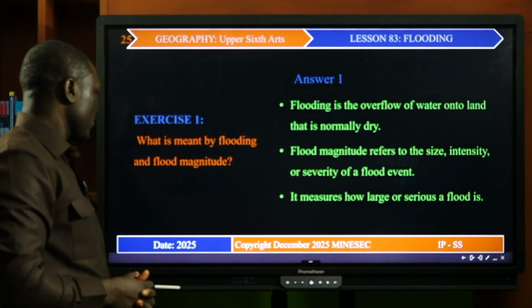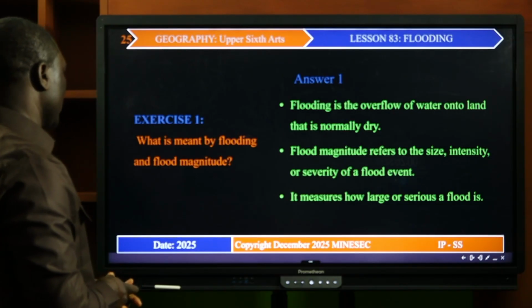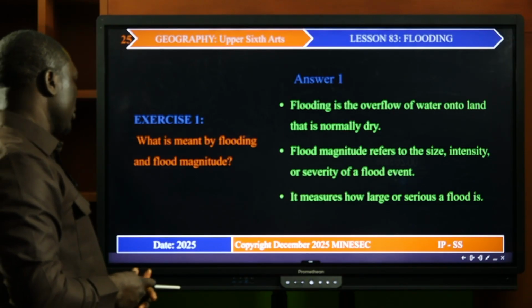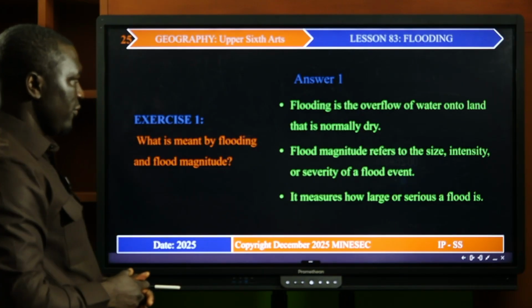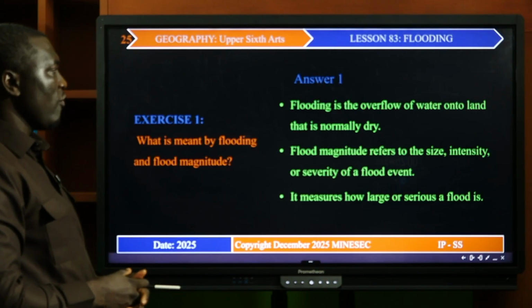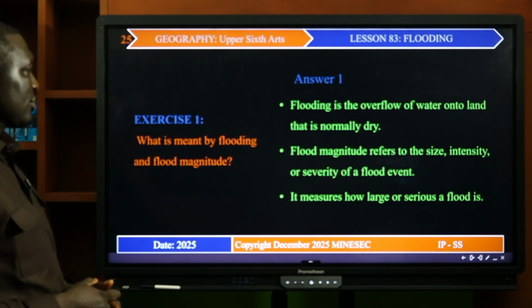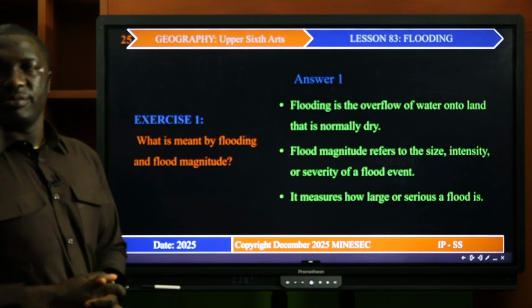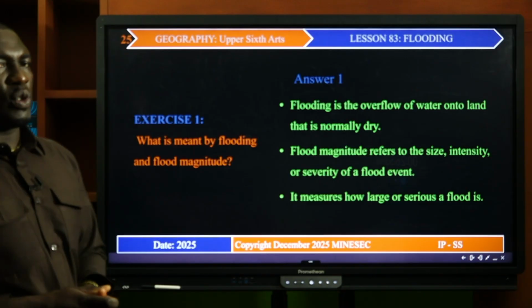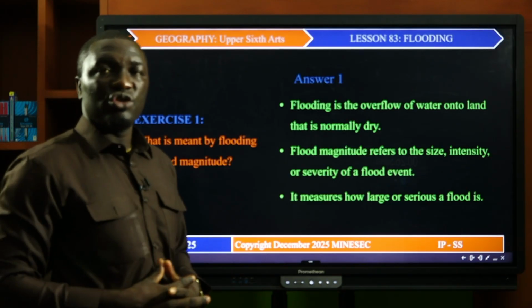Exercise 1. What is meant by flooding and flood magnitude? Flooding is the overflow of water onto land that is normally dry.